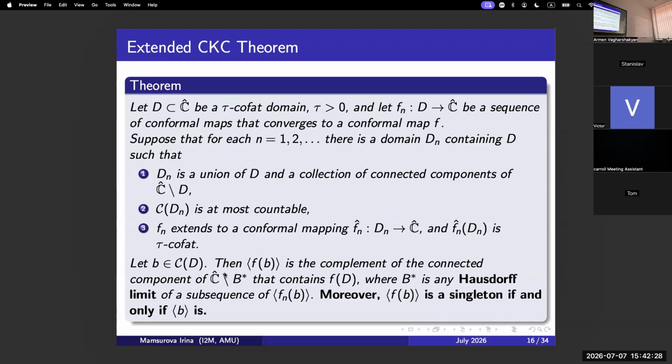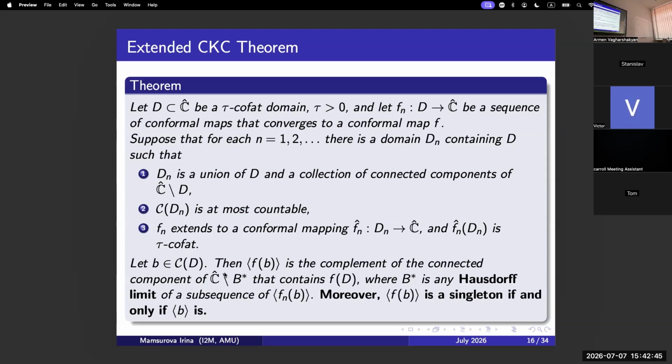It can't explode a point into a circle, and it can't shrink a circle to a point. This is what we want to know about the complementary components.